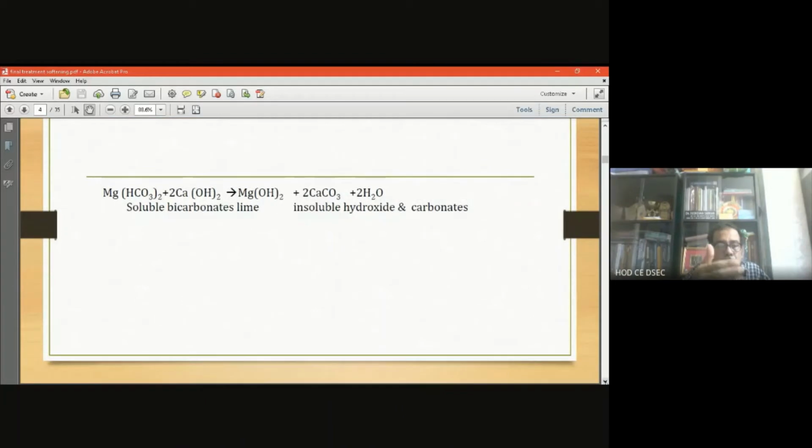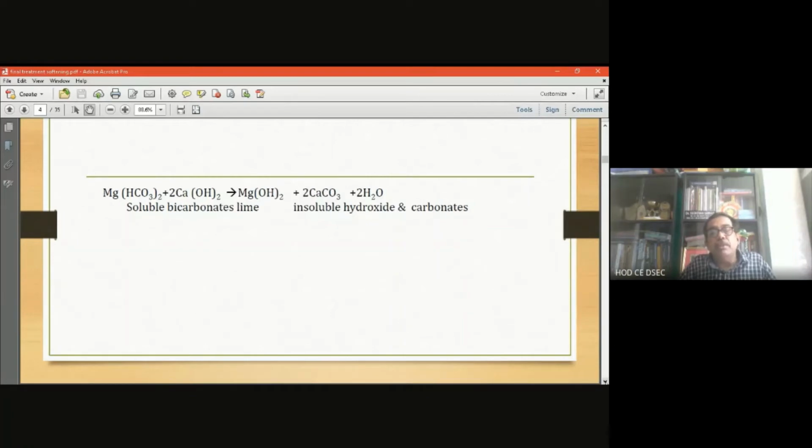Similarly, the magnesium ion, which is responsible for the temporary hardness, as MgCO3, also reacts with the lime, that is the calcium hydroxide, and a precipitate of magnesium hydroxide is formed, an insoluble precipitate, and then calcium carbonate precipitate is formed.